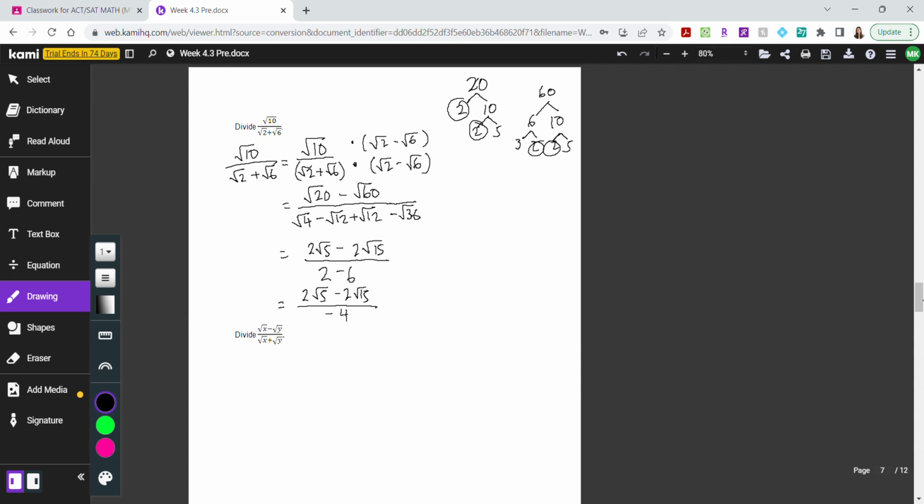And if you look, 2, negative 2, and negative 4, we can actually simplify this because all these can be divided by 2. So therefore, our final solution is going to be square root 5 minus square root 15 divided by negative 2. And this will be the solution.